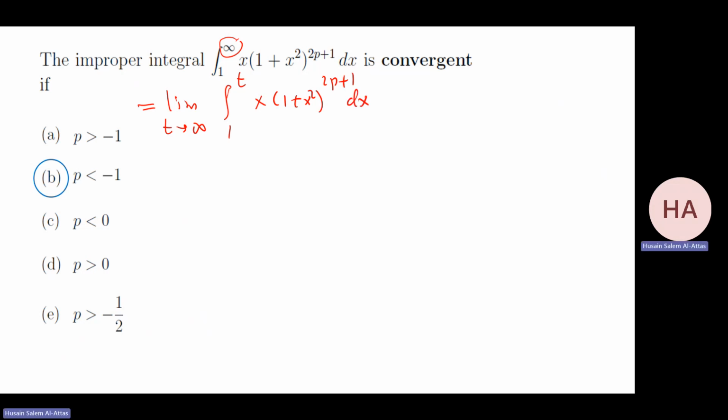To do this integral, I think it's an easy one. I take the 2.5 outside; no need to do it aside, you can do it in the same step. That will be half.